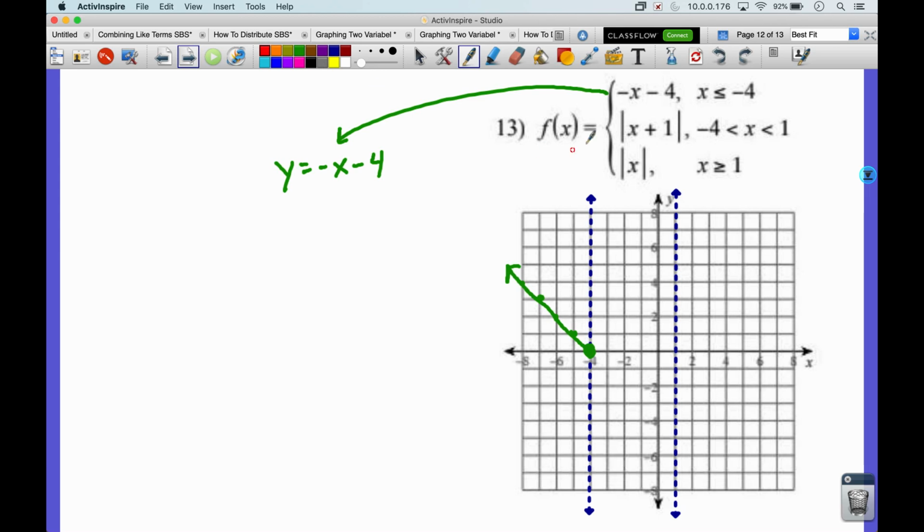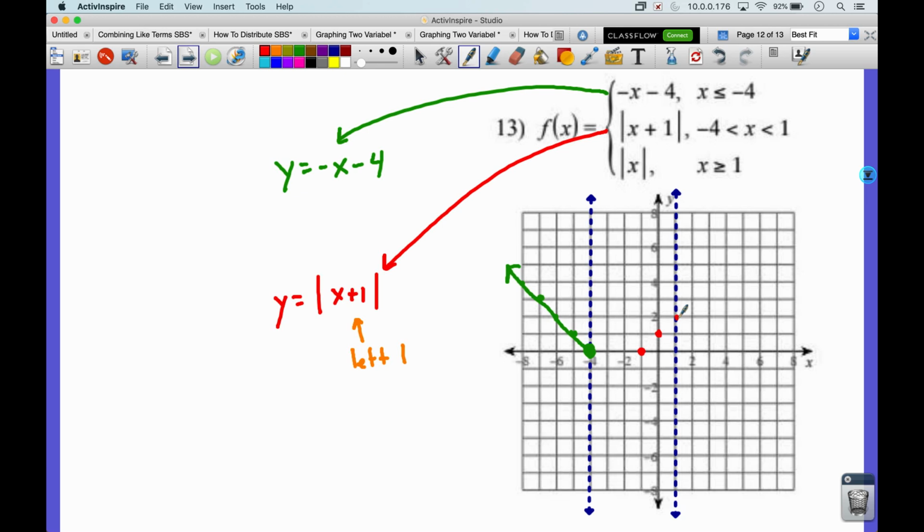We'll do this in a different color. This is the line y equals the absolute value of x plus 1. This is a v-shaped graph that's been moved. Let's even write this. That moves us left 1. So v-shaped graph that's been moved left 1. And I'll switch back to red.